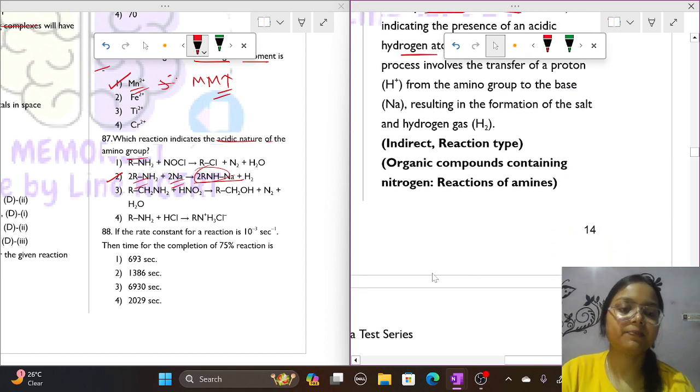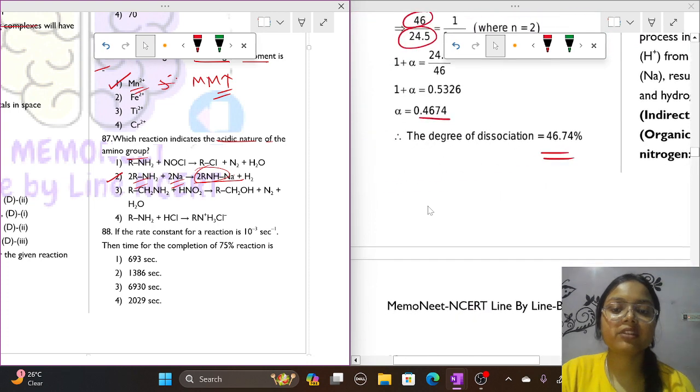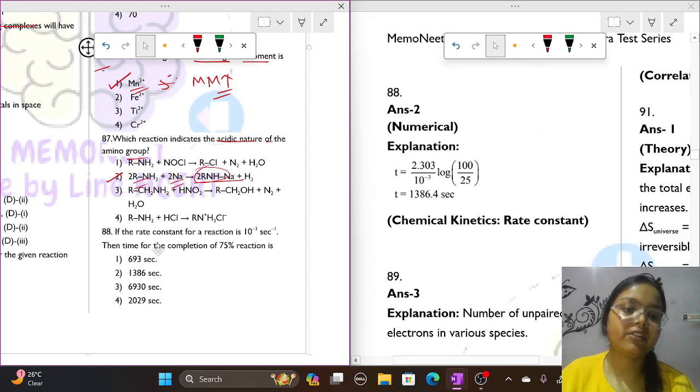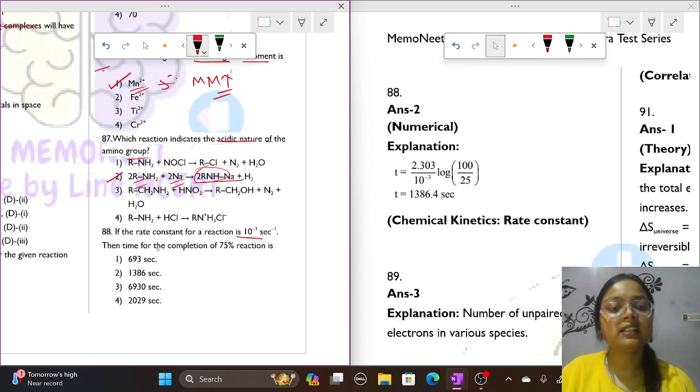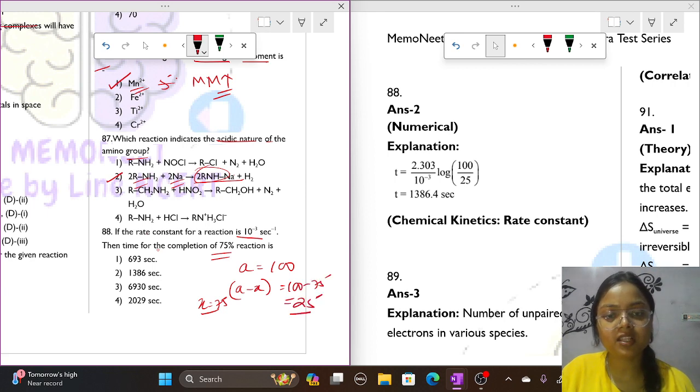Next is question number 88. The rate constant for the reaction is given as 10 to the power minus 3 second inverse. Find the time for completion of 75% reaction. Let A be 100, and X is 75. So A minus X is 100 minus 75, which comes out to be 25.